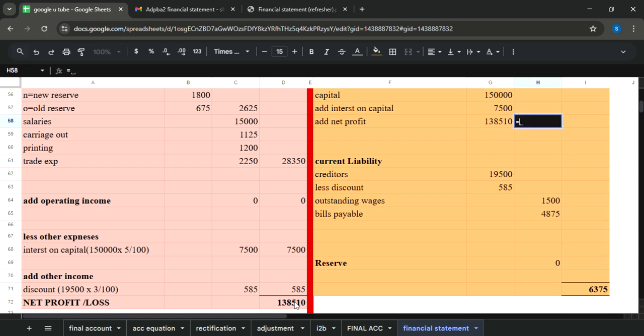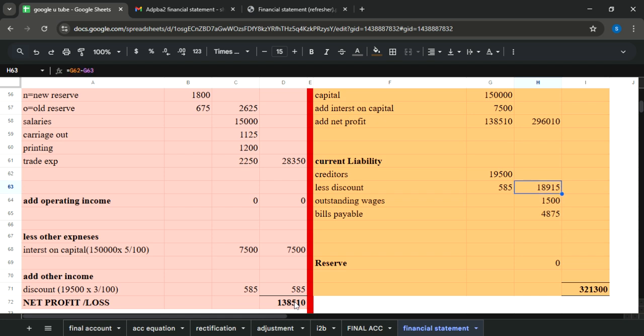We are ready to calculate sum of fixed liabilities, which include capital plus interest on capital plus net profit. So this is fixed liability, and here we have got creditors minus their discount.